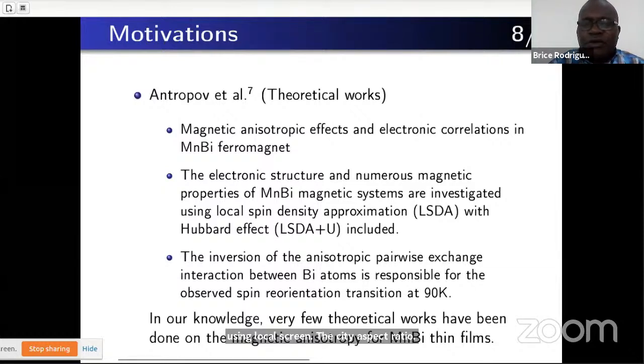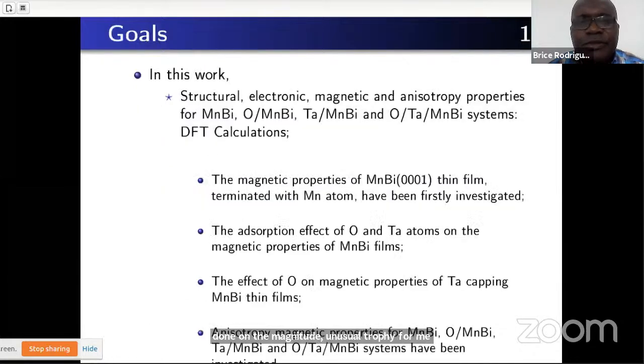The inclusion of the anisotropic pairwise exchange interaction between bismuth atoms is responsible for the observed spin reorientation transition at 90 Kelvin. To our knowledge, very few theoretical works have been done on the magnetic anisotropy of manganese bismuth thin films.